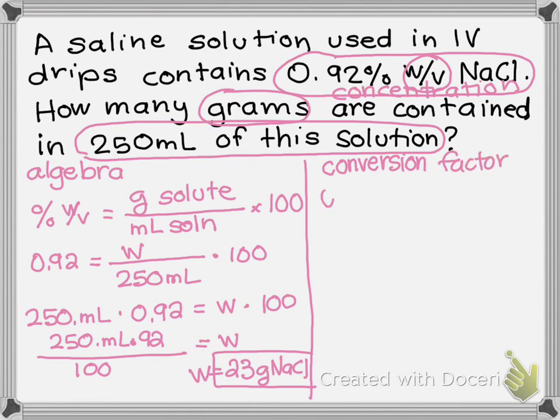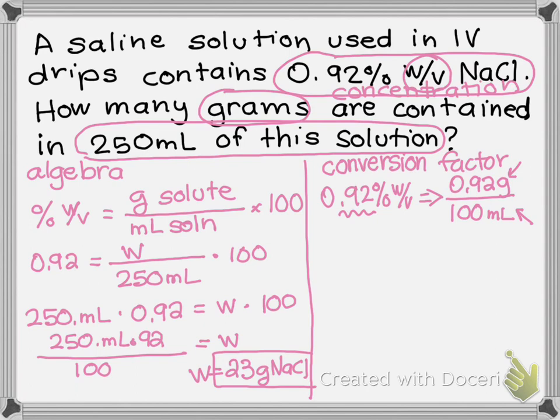So I know that it's 0.92% in its weight to volume. A percent tells me, this number tells me I have 0.92 grams in every 100 milliliters because it's weight to volume. So percentages, this number here tells me how much I have out of 100 because that's what percents are.